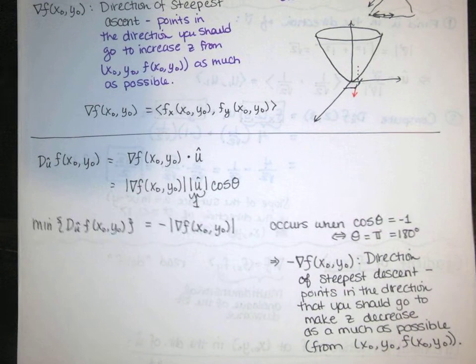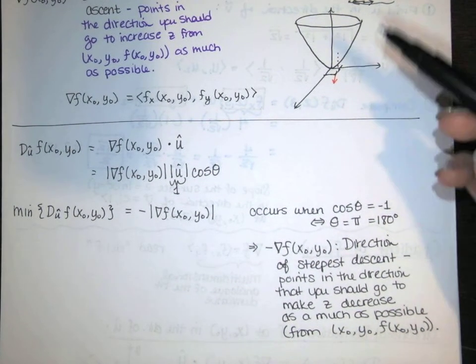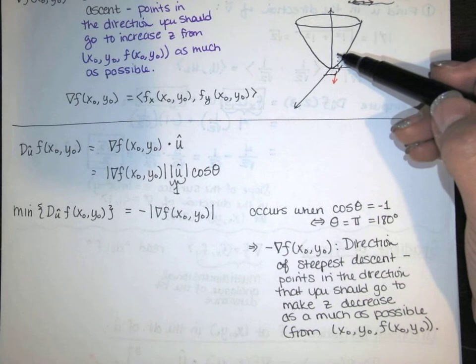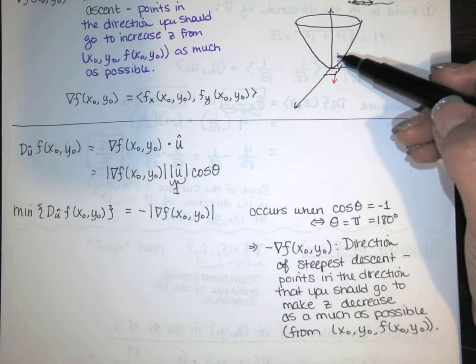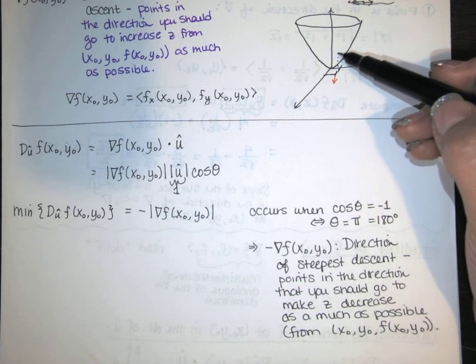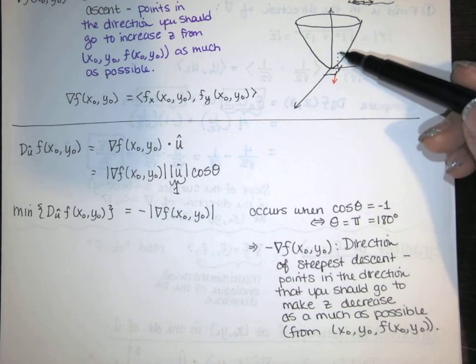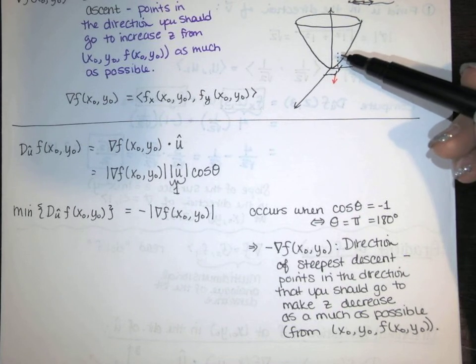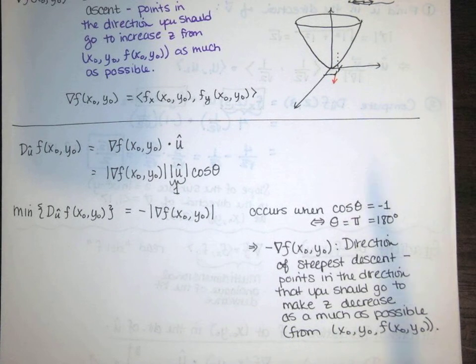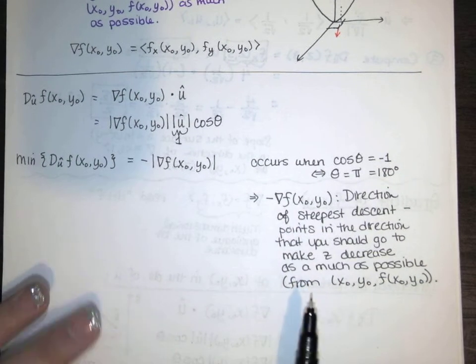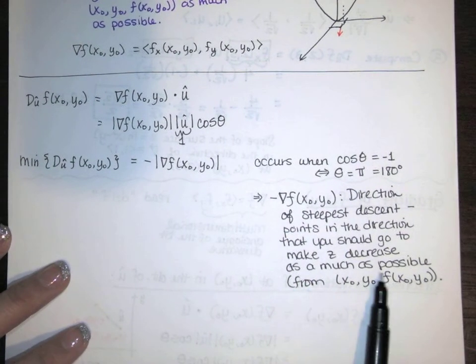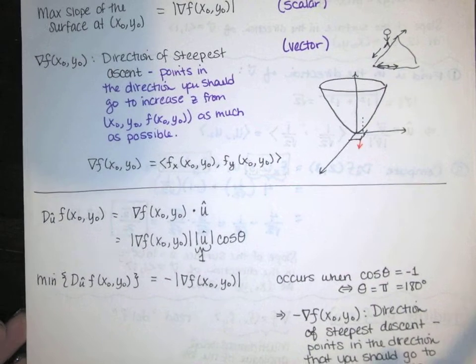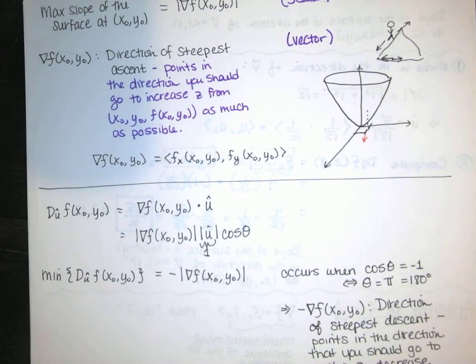This is local information. It doesn't necessarily point to the bottom here. It's just going to point in the direction of steepest slope, steepest negative slope on the surface. But if I go a little bit in that direction, the new gradient vector is going to point in a different direction. So just make sure you understand that this is local information. It does not necessarily point to the bottom of the surface, and the direction of steepest ascent does not necessarily point to the top of the surface.